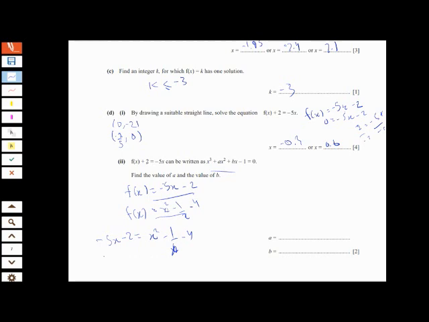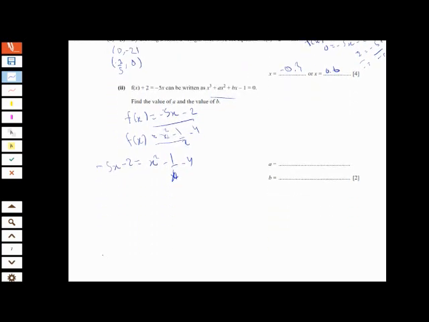And so you simplify this equation and you get your values of a and b. Write this in the form of this. So basically x squared is positive here, so x squared stays there. Oh, sorry, now multiply all by x to get rid of the denominator. So it's going to be negative 5x squared minus 2x equals x cubed minus 1 minus 4x.